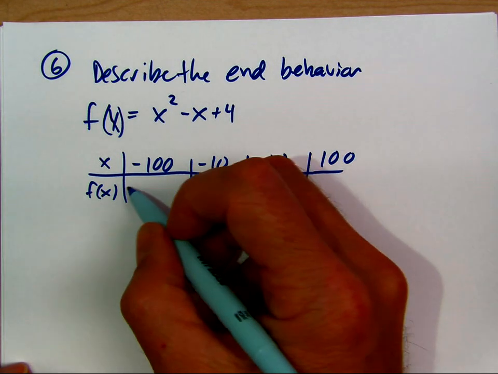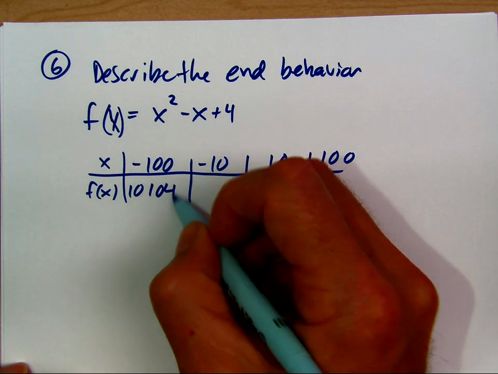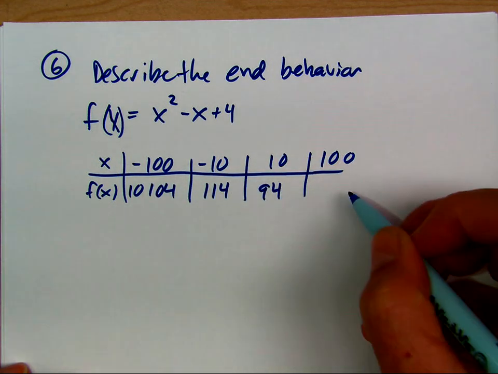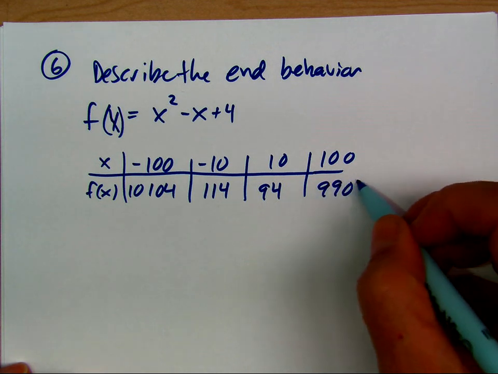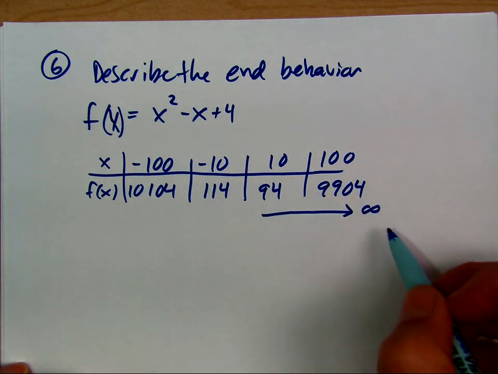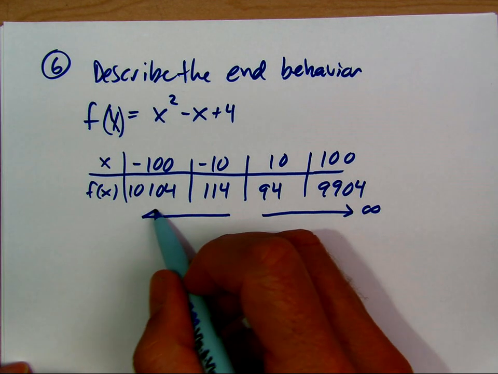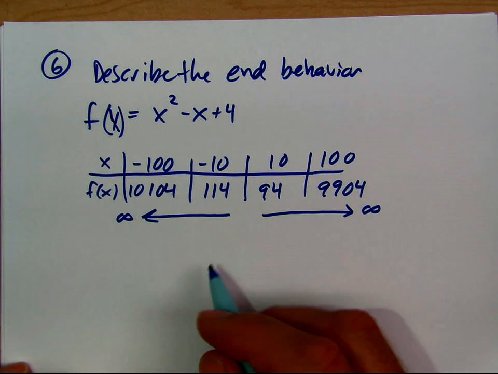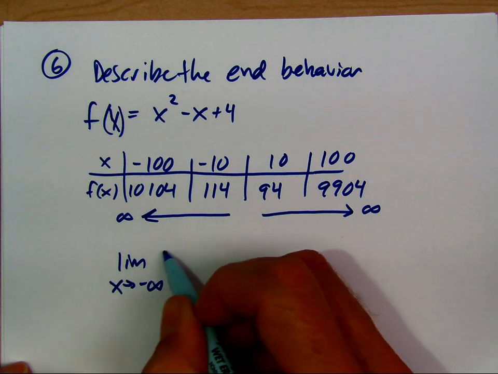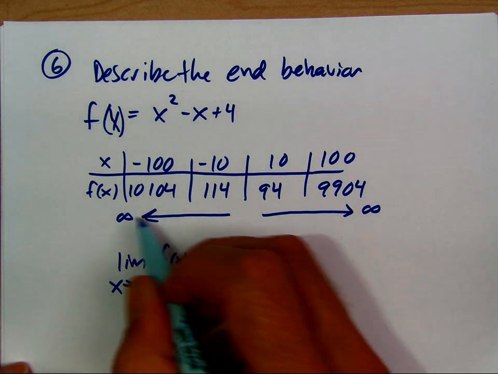So with a calculator we get this. And we see to the right the y values are going to infinity. To the left they're going to infinity. So we write the limit as x goes to negative infinity is infinity.